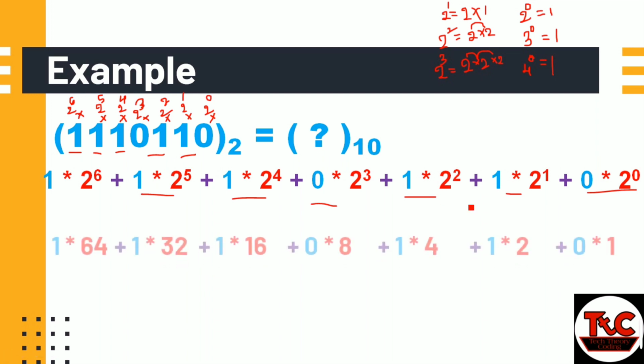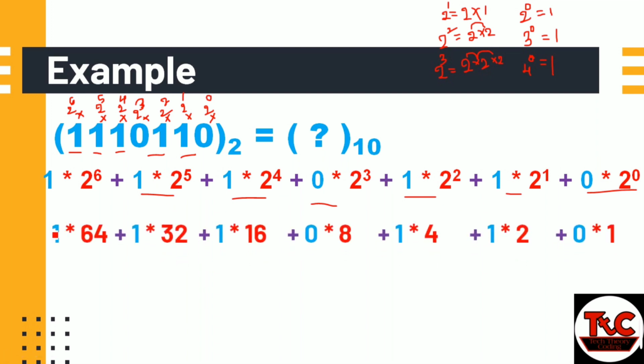You can write this equation like 1 into 2 to the power 6 is 64: 1 into 64 plus 1 into 32 plus 1 into 16 plus 0 into 8 plus 1 into 4 plus 1 into 2 plus 0 into 1.